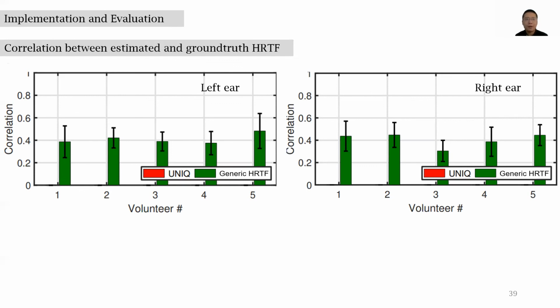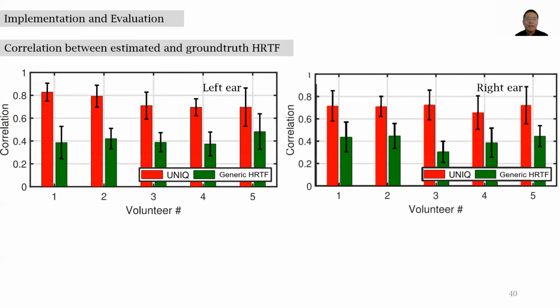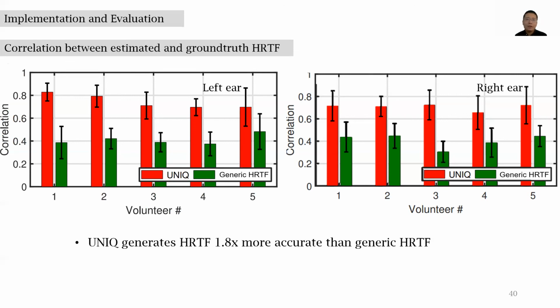We can see that the correlation is low. And this is the result for the correlation between the Uniq estimated HRTF and the ground truth HRTF. We can see that Uniq generates HRTF 1.8 times more accurate than the generic HRTF.